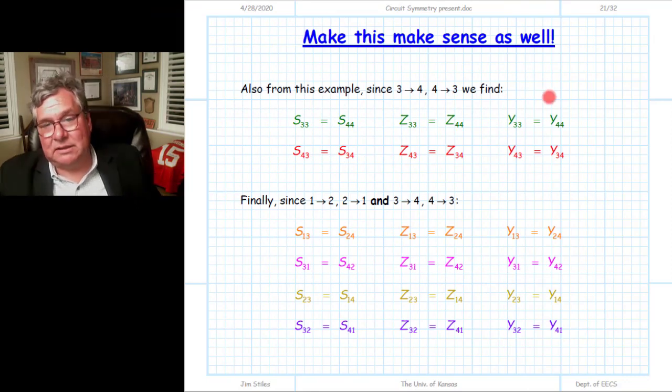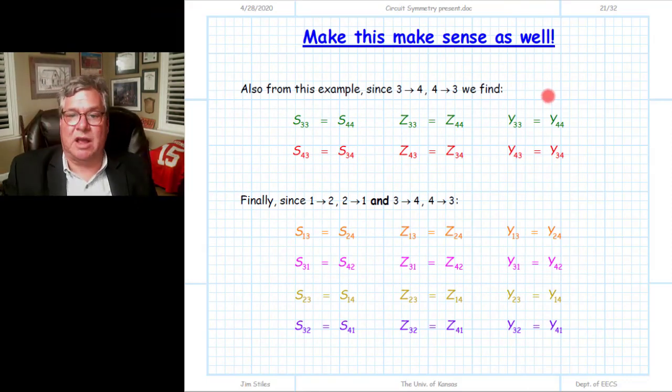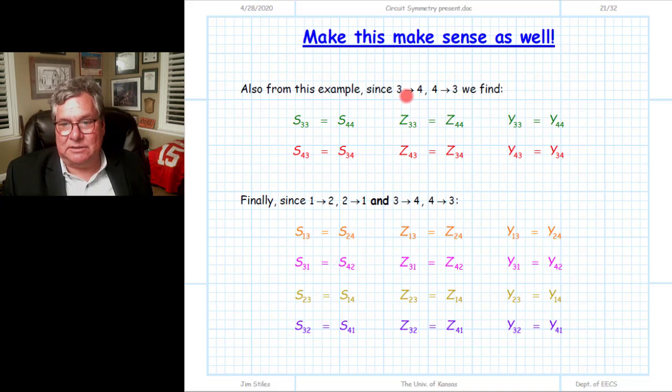So we also found that this circuit was congruent under the operation of reflection, such that port 3 permutes to port 4 and 4 to 3. Again, essentially we're renaming the ports 3 to 4 and 4 to 3. Since the circuit itself does not change, we have to get the same result with respect to the scattering and impedance parameters with respect to those ports.